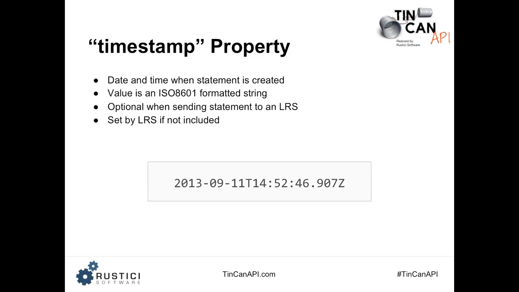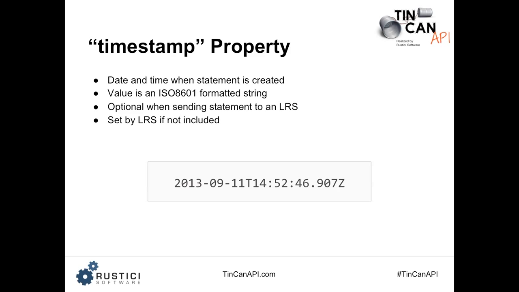To go along with the optional ID property, there's an optional timestamp property. The timestamp is capturing the date and time when a statement is created. Again, the value is an ISO 8601 formatted string. It's optional when sending a statement to an LRS, just as the ID was.